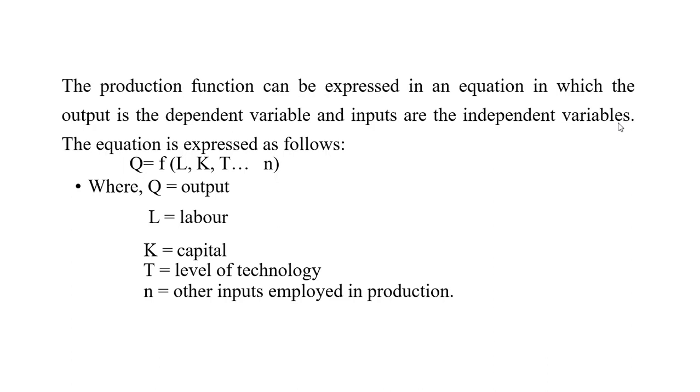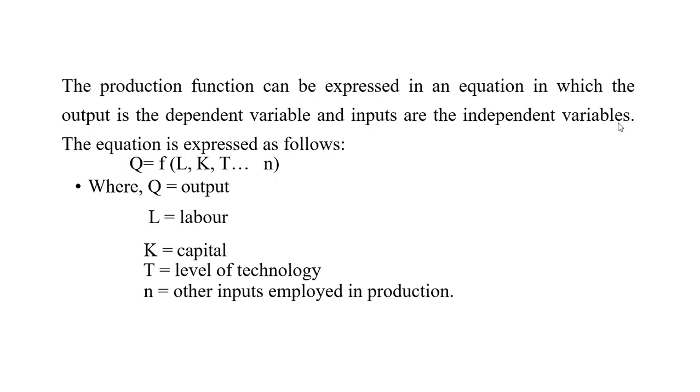It depends on the person who is trying to produce some goods. So they are known as independent variables. Suppose you take 2 labor and 3 capital, 3 machines, let's say. It depends on you whether you take a combination of 2 capital and 3 labor or 3 capital and 2 labor. You can change it, right?